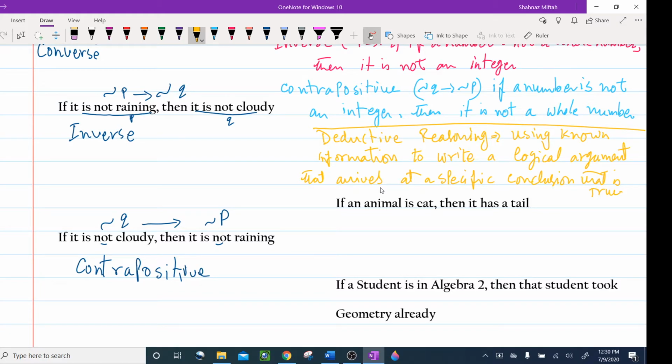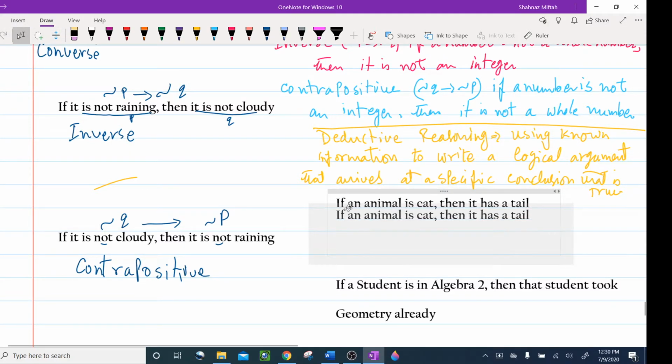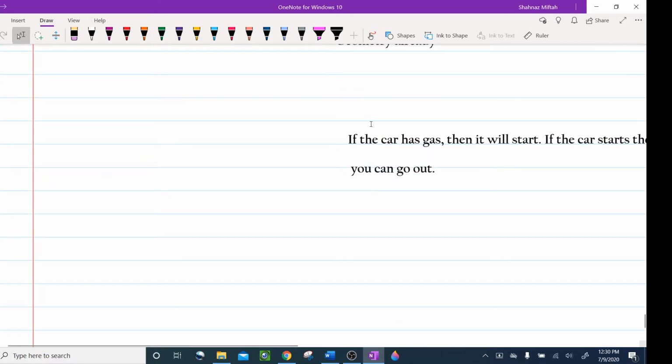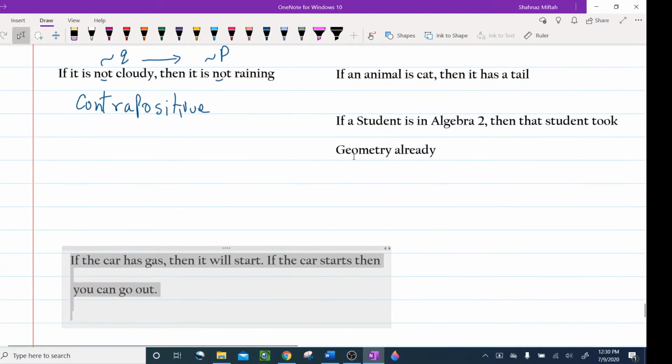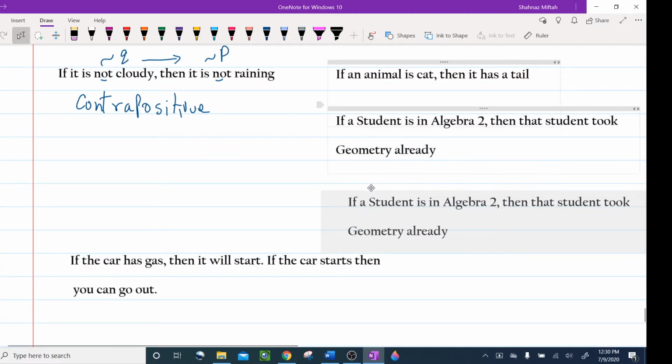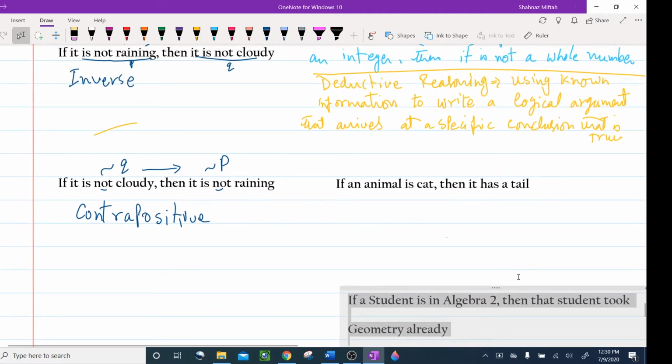Okay, so let me give you an example for the law of detachment. Like I said, we have two laws in deductive reasoning. The first one is the law of detachment, the one we will talk about, and the other one is the law of syllogism.